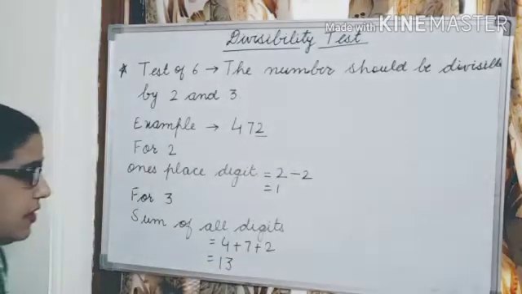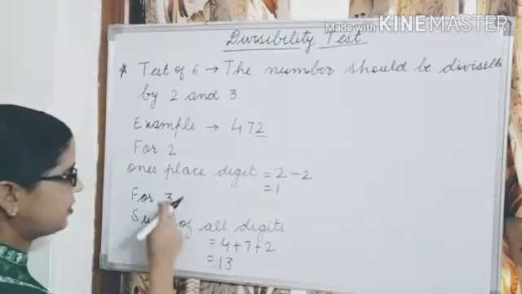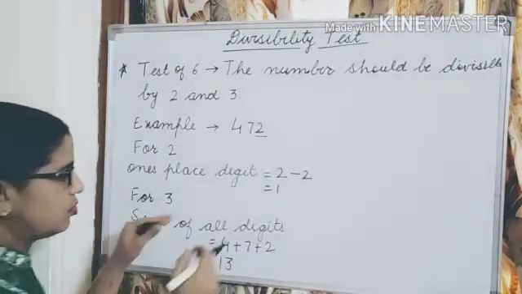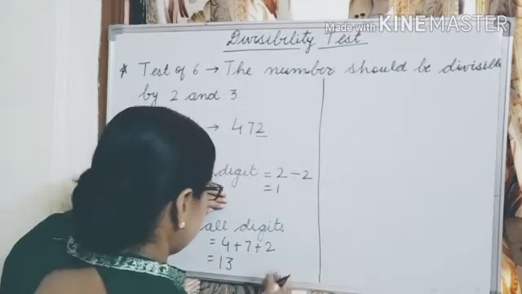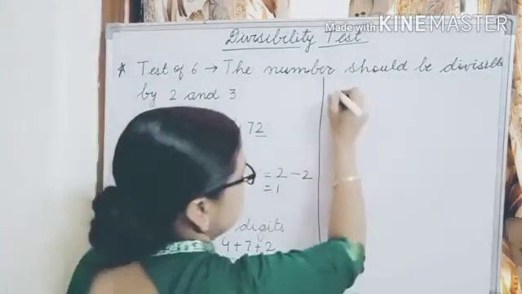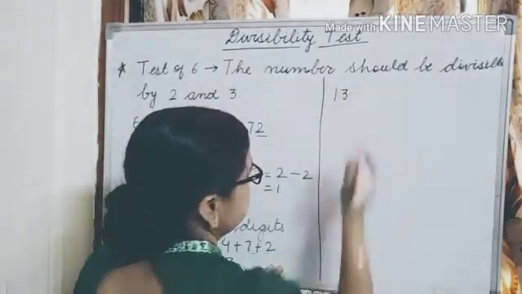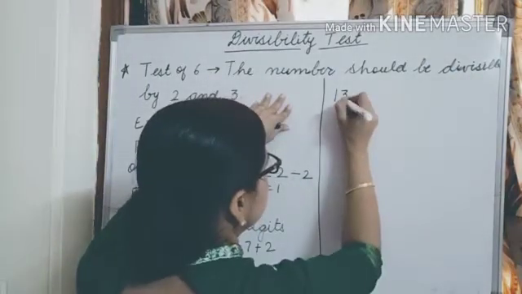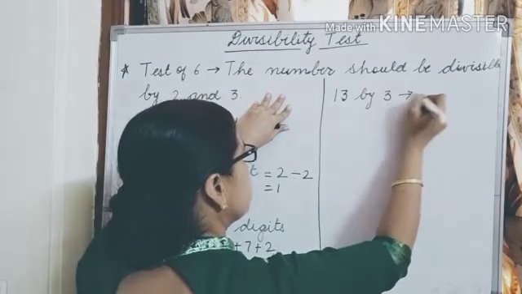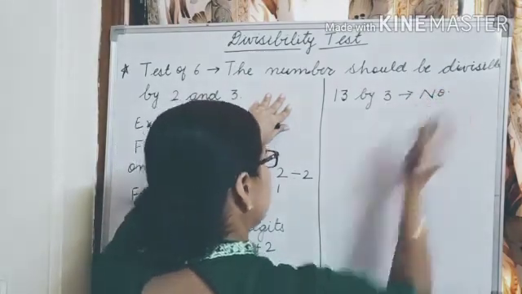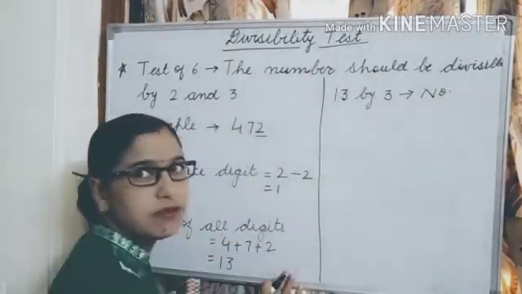Is this 13 coming in the 3 table? No, it is not coming. So it is not divisible by 3. 13 is not divisible by 3.